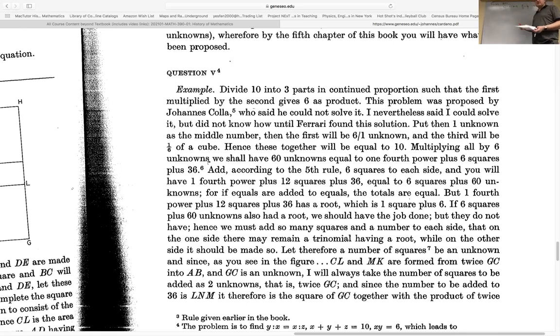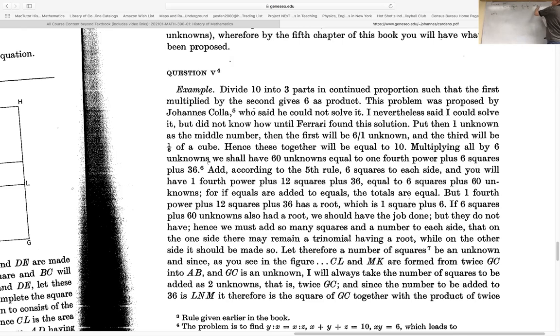And here's some setup. So put then one unknown is the middle number. So I'm going to focus all of my attention on B. We will let B be X. And then the first will be, well, all right, that's probably not the way we would write this.